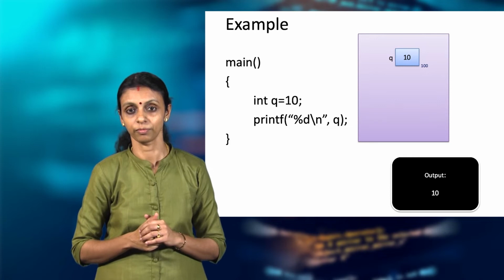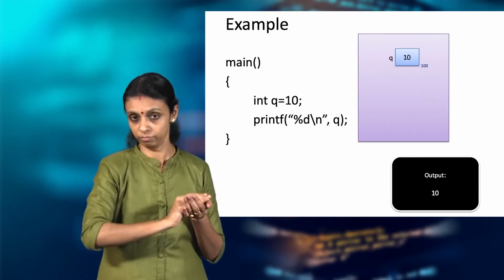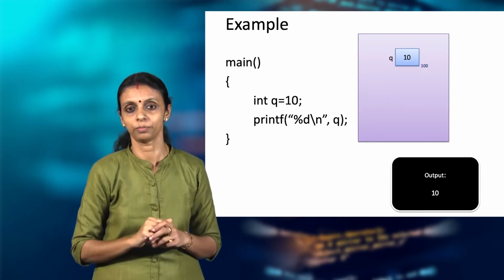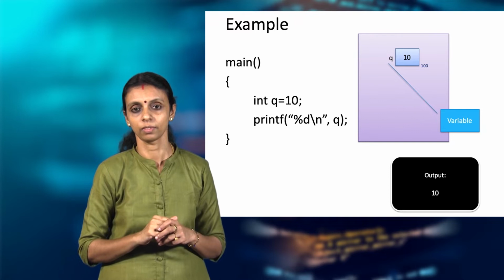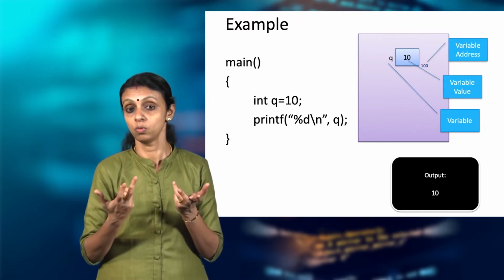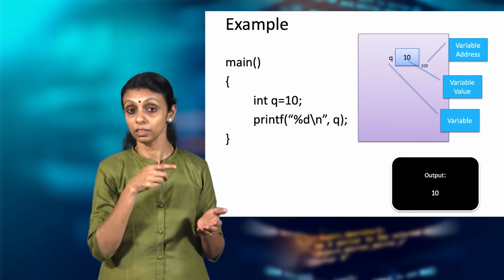As you know, the value is stored in a memory location. It has an address, say 100. To display this address, we can save it in a variable. For this, we use a pointer.